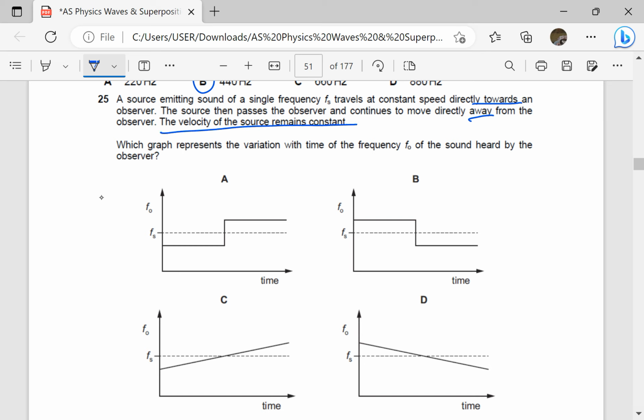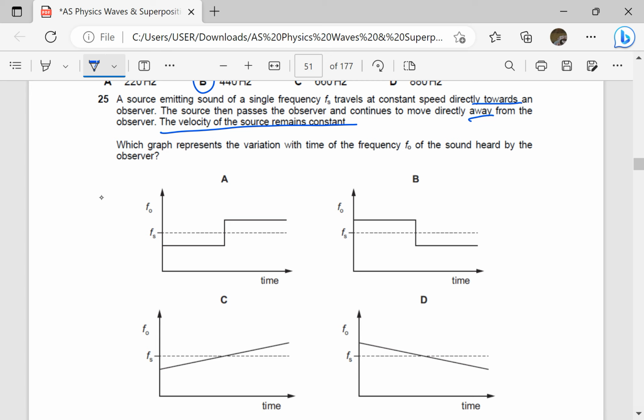Which graph represents the variation with time of the frequency F naught of the sound heard by the observer? Of course, when it is moving towards the observer, the frequency is going to be higher. And when it moves away from the observer, the frequency goes below the natural frequency.